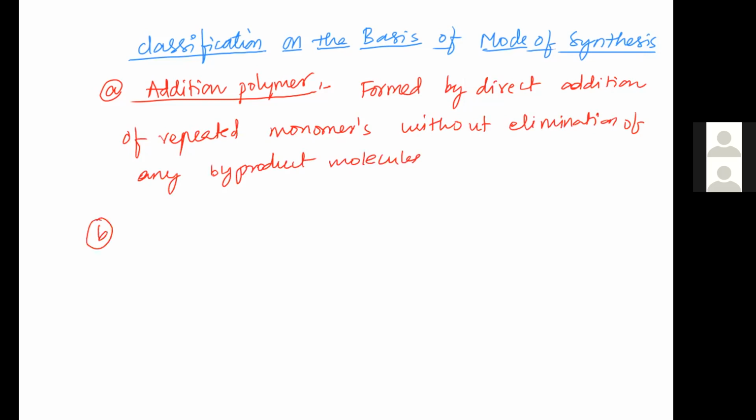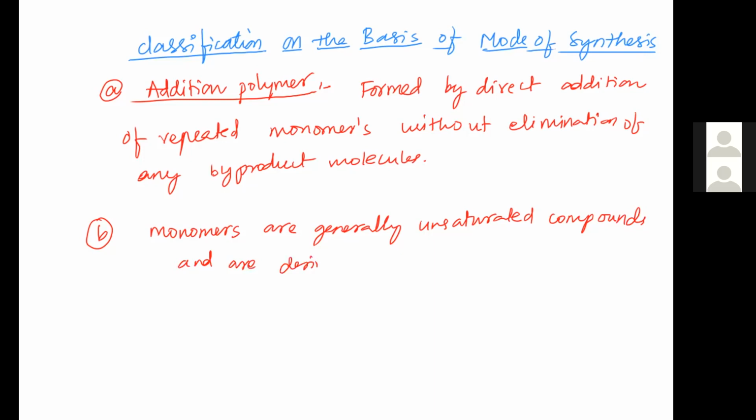I'll show you how they are formed. These monomers are generally unsaturated, having a double bond or triple bond, unsaturated compounds and derivatives of ethene.